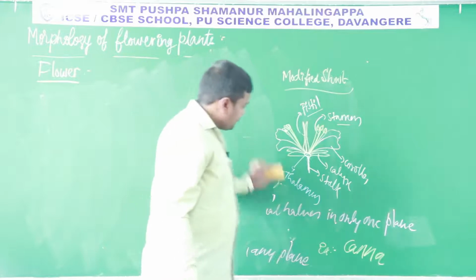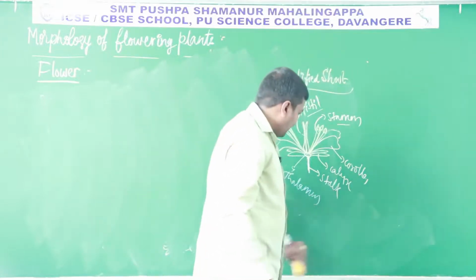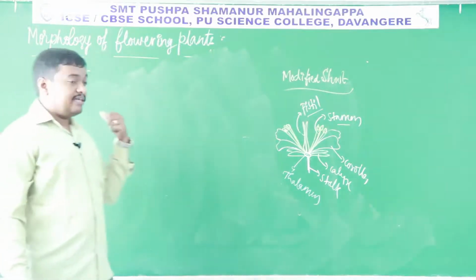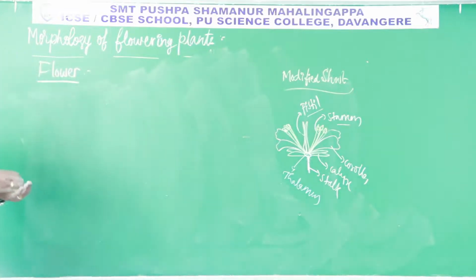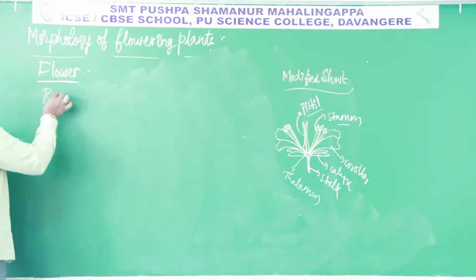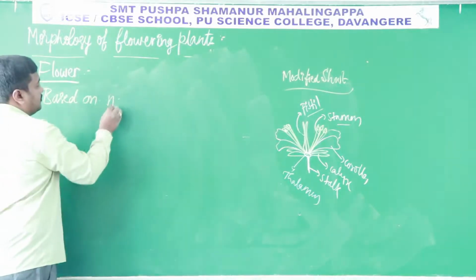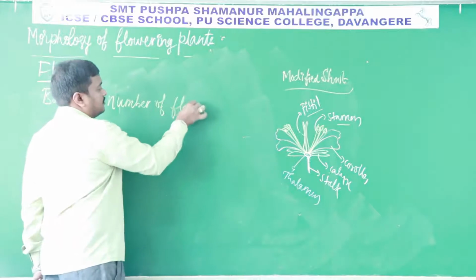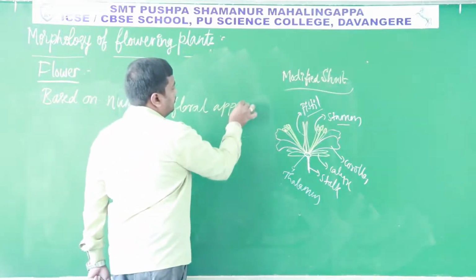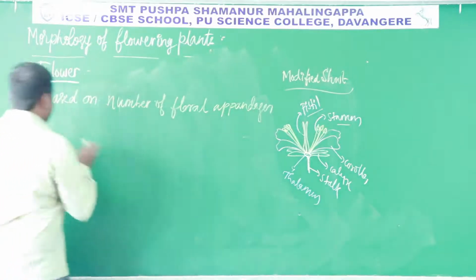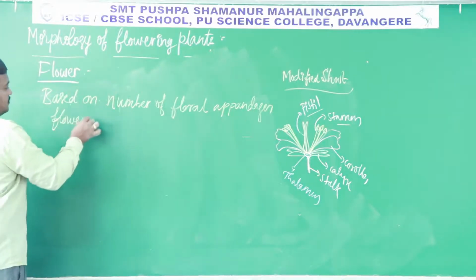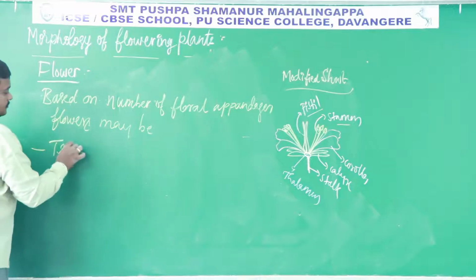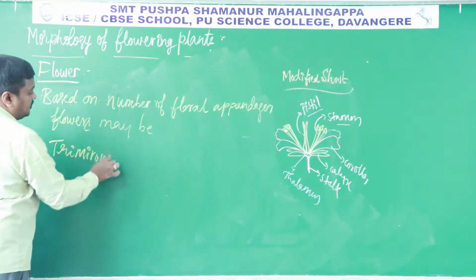Then based on the number of floral appendages, how many calyx, how many corolla, how many stamens, how many pistils are present, flowers may be trimerous.